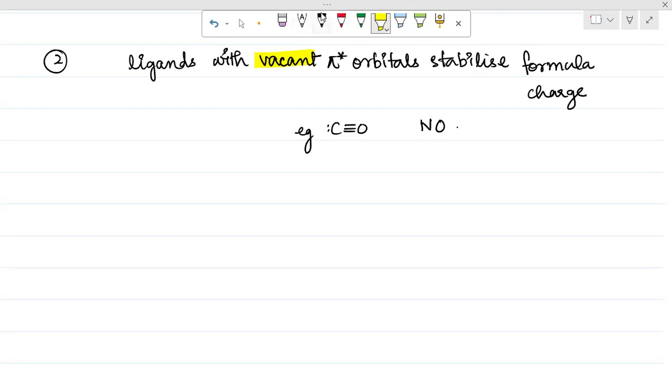So if these ligands are attached to the metal, initially carbonyl will give a lone pair of electrons to the metal, and then the metal will donate back electrons to the vacant pi star orbitals of carbonyl. So in such a manner, accumulation of charges won't happen at the metal.